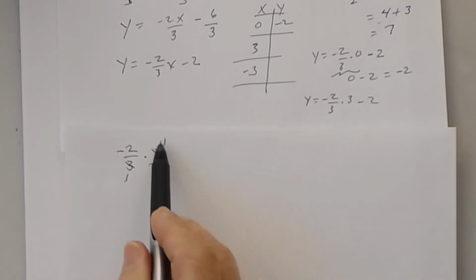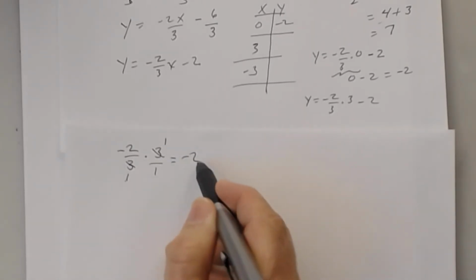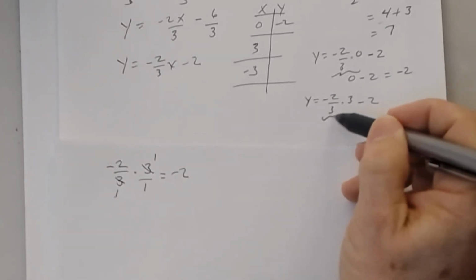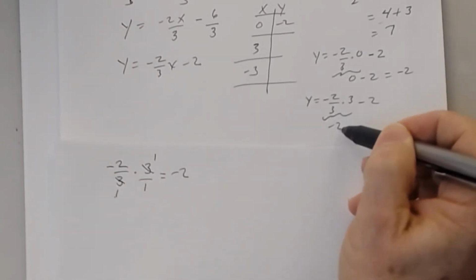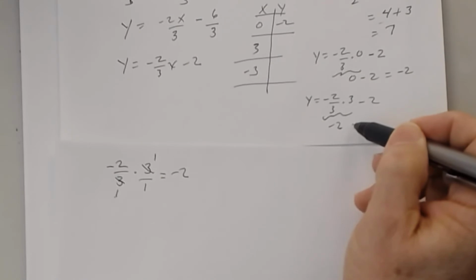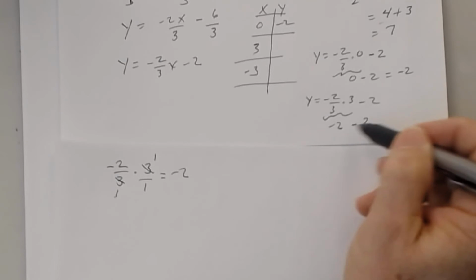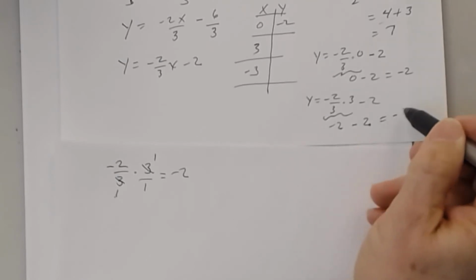So a negative 2 times 1 is negative 2. Now keep in mind that that negative 2 represents just this right here, right? But what else must I do to this? Subtract 2. If you're having problems with signed numbers, use your calculator. What's a negative 2 and a negative 2? Negative 4.